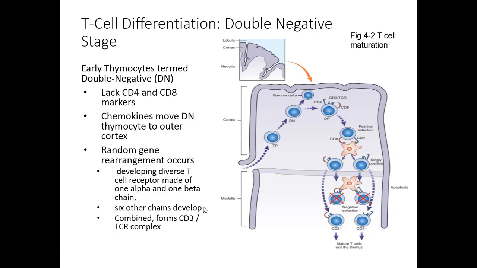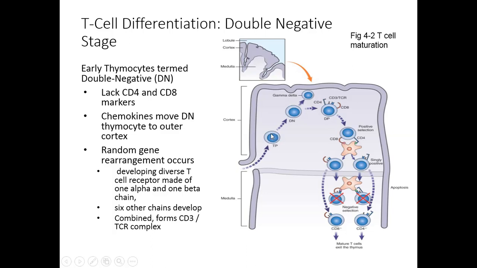So as I said before, the thymocyte, or actually the lymphoid precursor or T cell precursor has left the bone marrow and is going to enter in through the corticomedullary junction into the thymus.